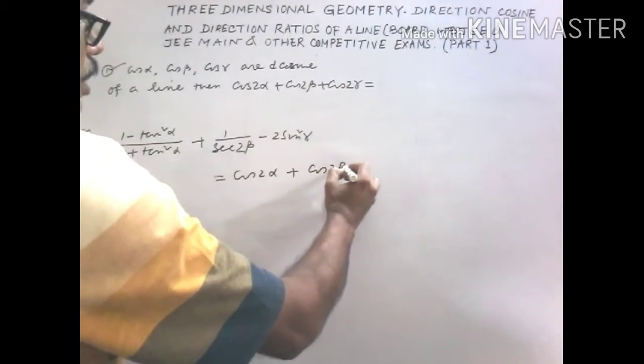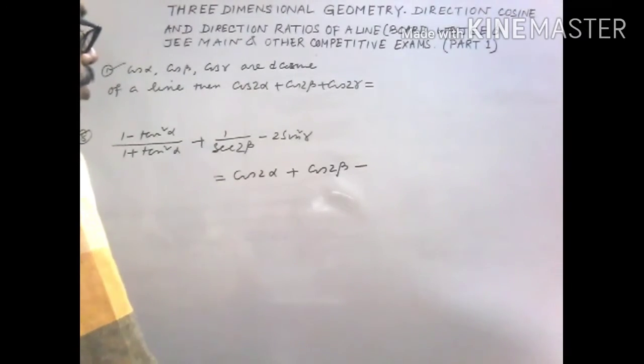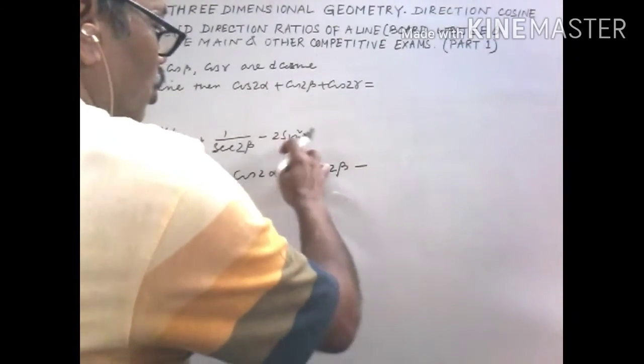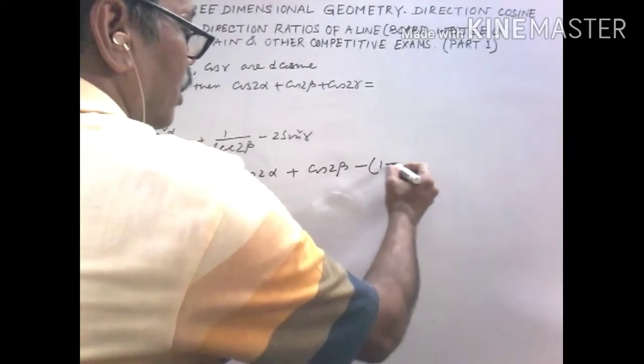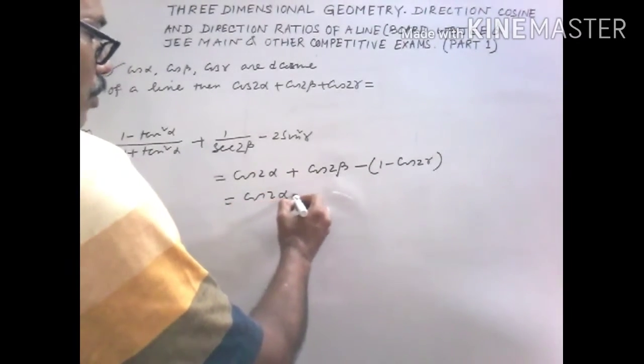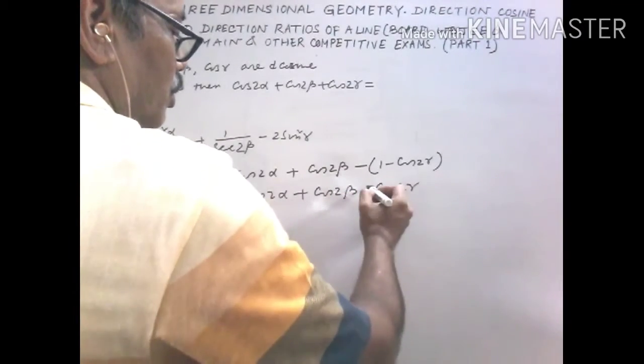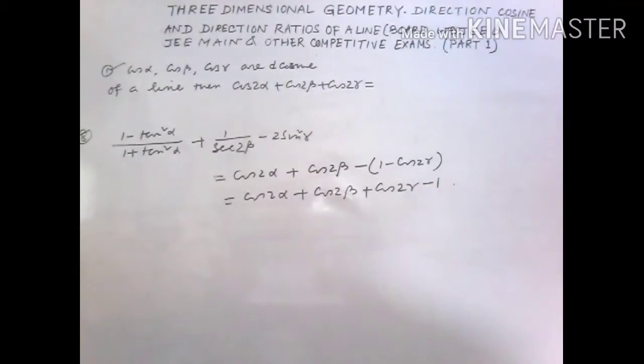This is cos 2 beta. And this one is 2 cos square gamma; we want to express it in terms of cos. So 2 cos square gamma is 1 plus cos 2 gamma, and 2 sin square gamma is 1 minus cos 2 gamma. So this problem reduces to the earlier one.